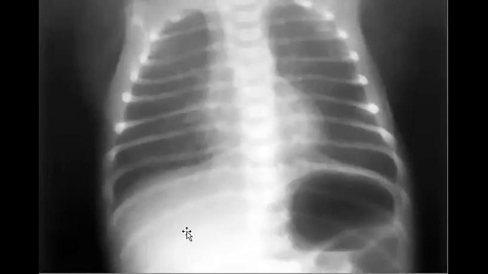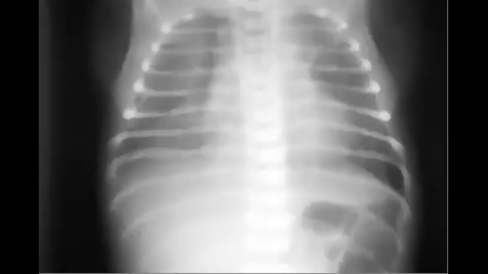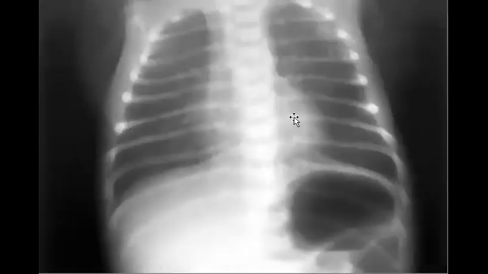Maybe the same age, the same patient, 4 days ago, he was like this. Then he developed this 6 hours from birth, but after 4 days, he became like this. So how do you describe it?